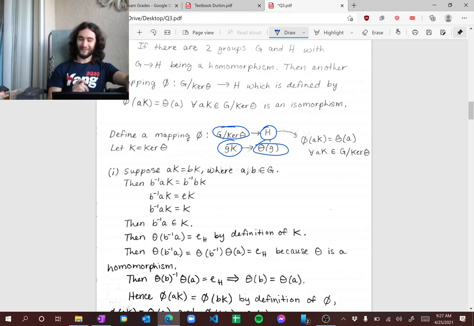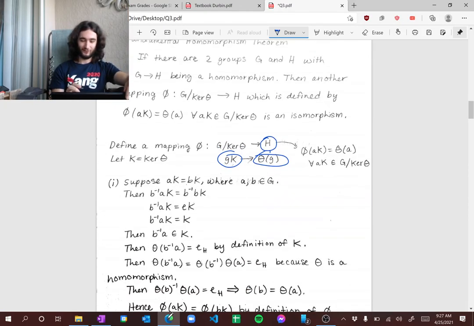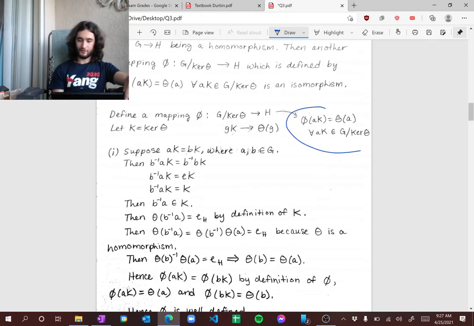Okay, that's where I'm going to send gK to. Right, so that's kind of what phi is doing. And so you could express that like that: phi of aK is equal to theta of a. And again, this is an element in the quotient of G, whereas this is an element of H.